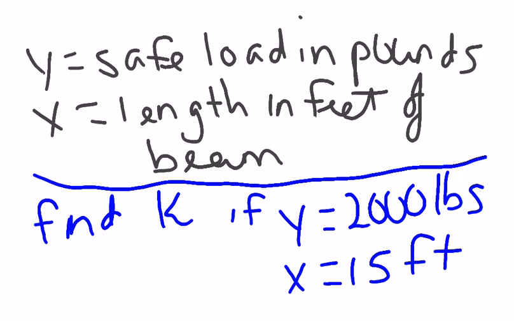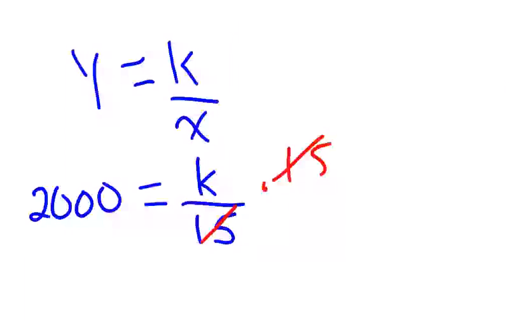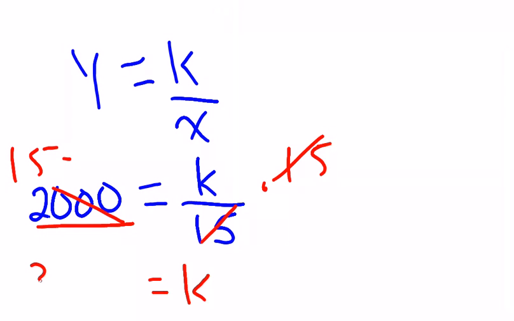So what we do is we plug it into that formula, y equals k over x, and so we have 2,000 equals k over 15, and now it's just an equation that we need to solve for k. So we multiply by 15 since it was divided, 2,000 times 15, and we get k is 30,000.